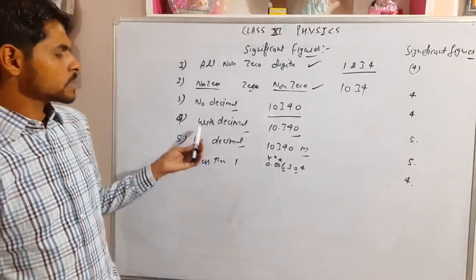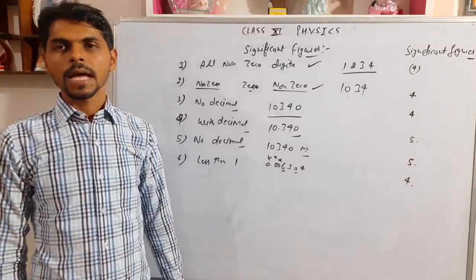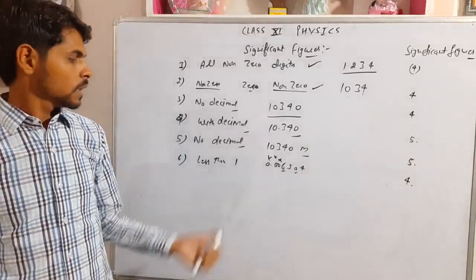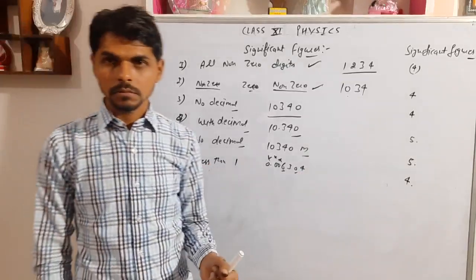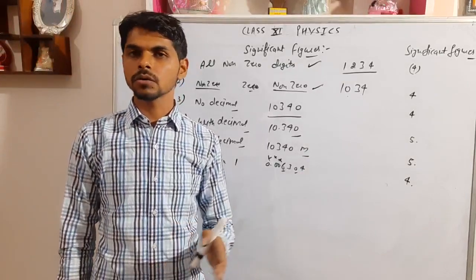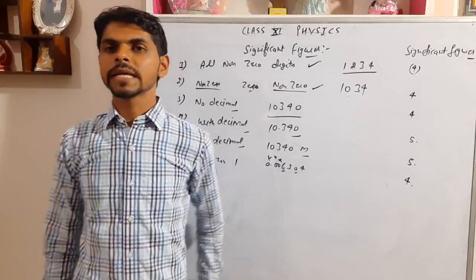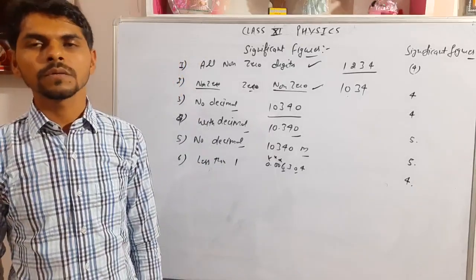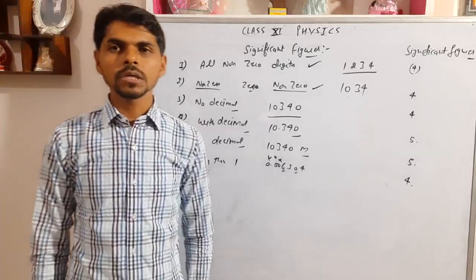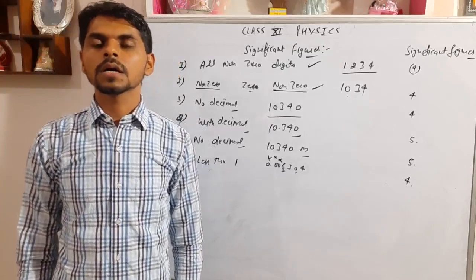If a number is with decimal, the trailing 0 will also be significant. And the last one: if a number is less than 1, the zeros on the left side of the first non-zero digit will not be significant. It means if a number starts with zeros, those zeros will not be significant. So according to these rules, we can calculate significant figures in a given number.